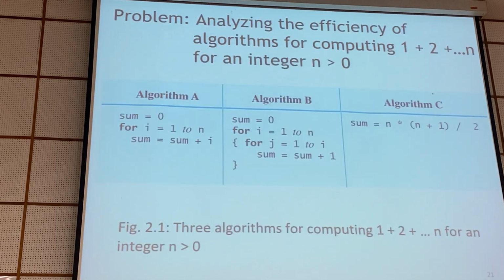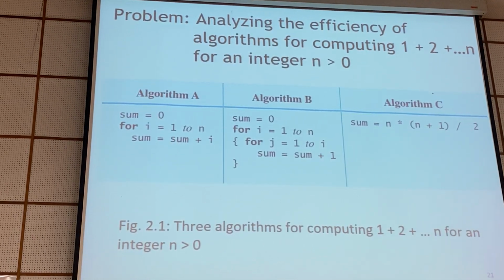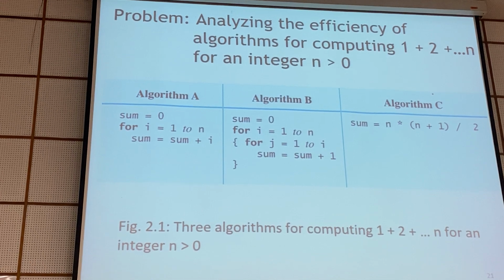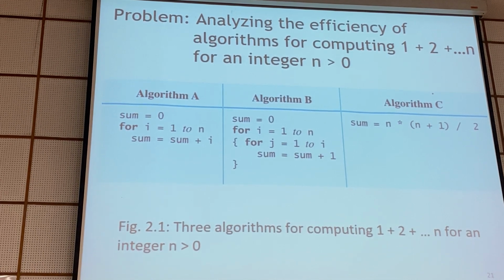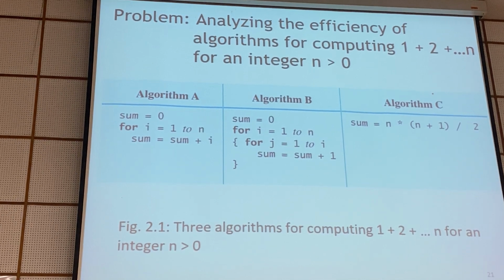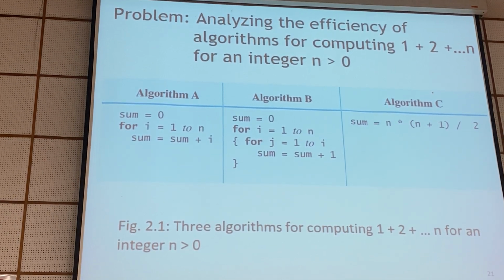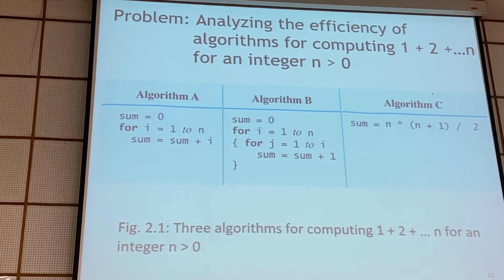Alright, so now let's apply all we learned, and apply how to measure. There are 3 algorithms. What do we do with these 3 algorithms? Just now I told you, 1 plus 2 plus 3 plus 4, there's a formula for it, remember?